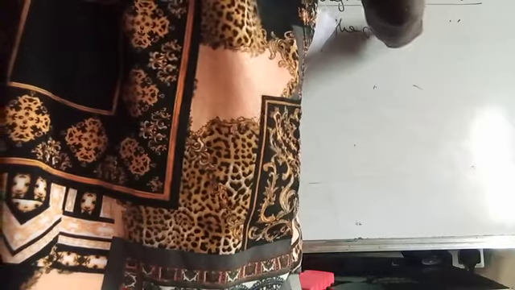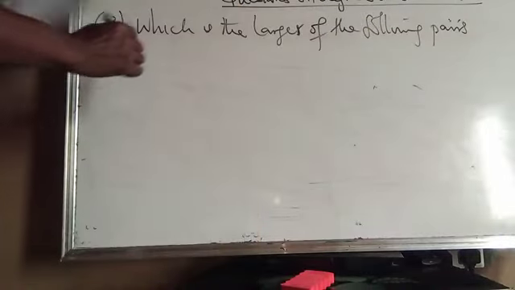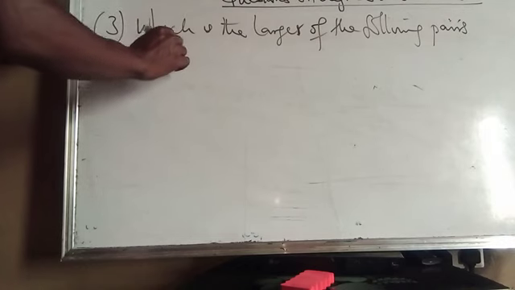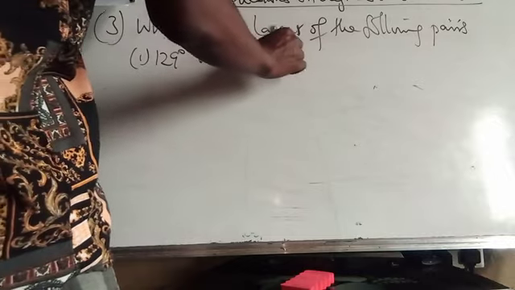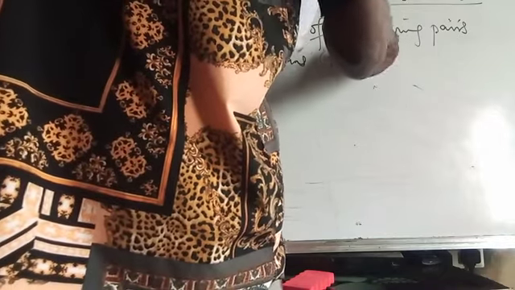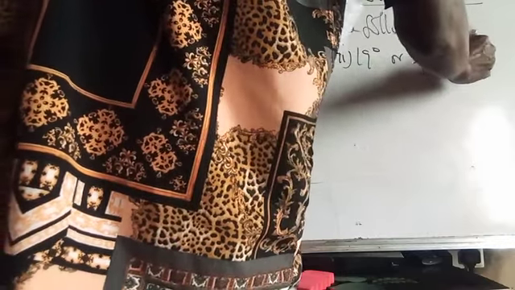We are asked to look for the larger value in each of the pairs. The first one is 129 degrees or 2.16 radians. Which one is larger? The second one is 19 degrees or 1/3 radians. Let's check.